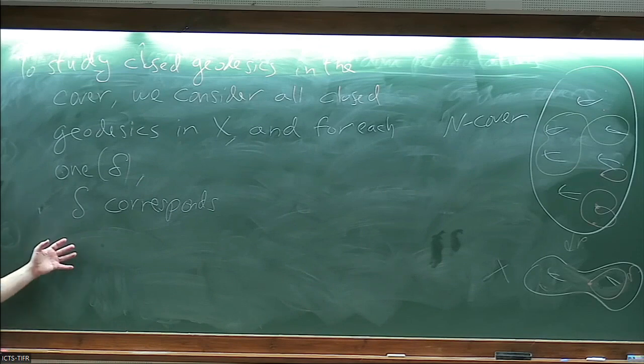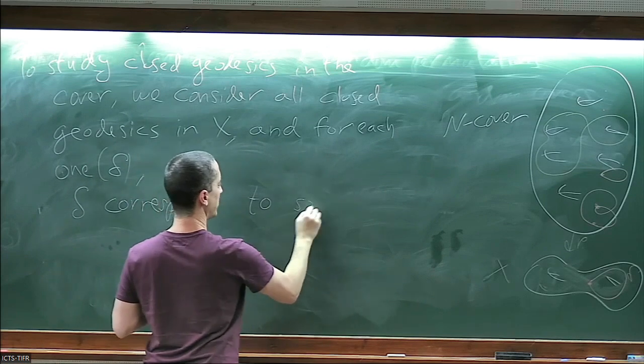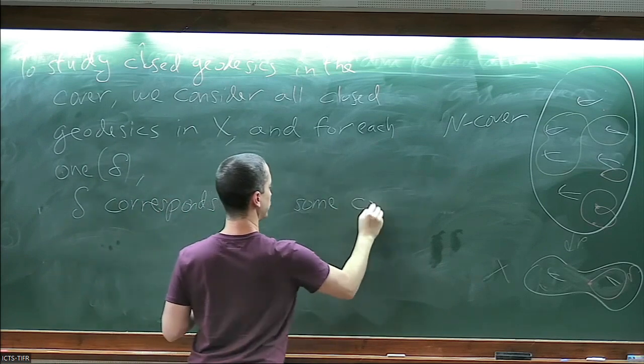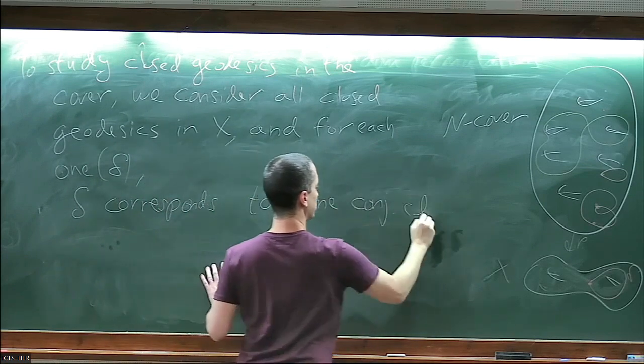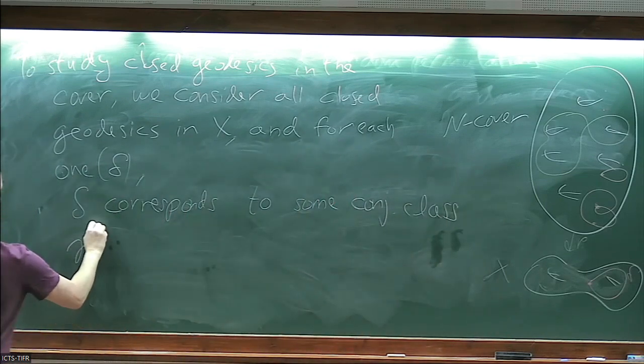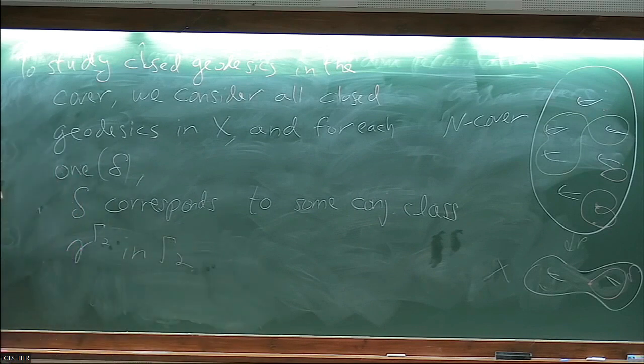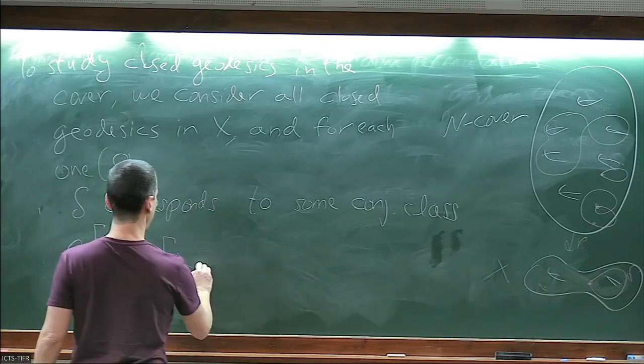So in general, delta is not an element of the fundamental group, but it does correspond to a well-defined conjugacy class. Let's call it gamma in gamma 2. And then the number of fixed points of delta is the same as the number of fixed points of gamma.